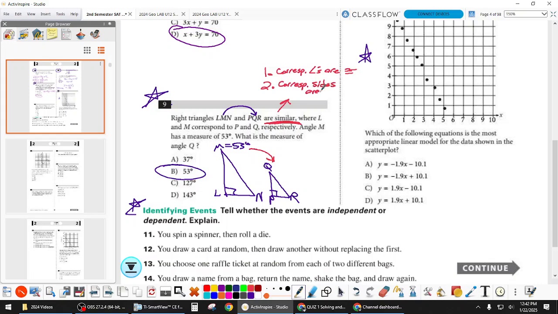Corresponding sides are proportional. What does proportional mean? It's okay to say it, but we have to know what it means. I'll give you a hint. I'm going to write 2 ratios, and you're going to tell me if they're proportional. We'll start easy. Are those proportional?